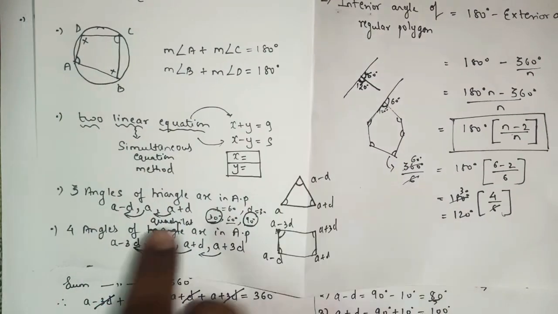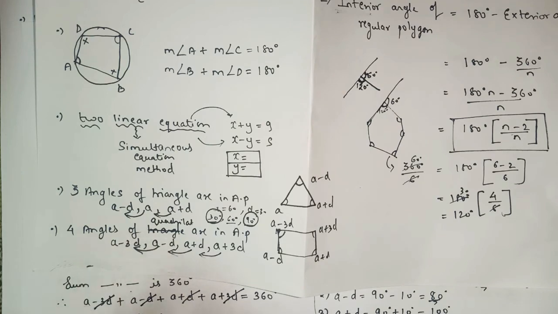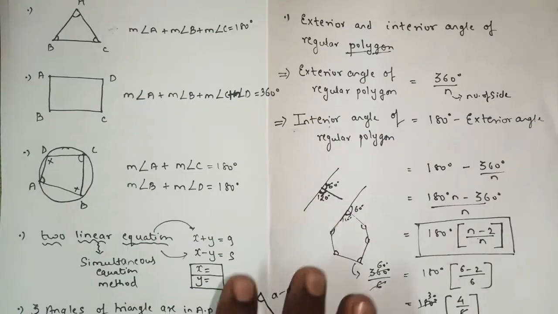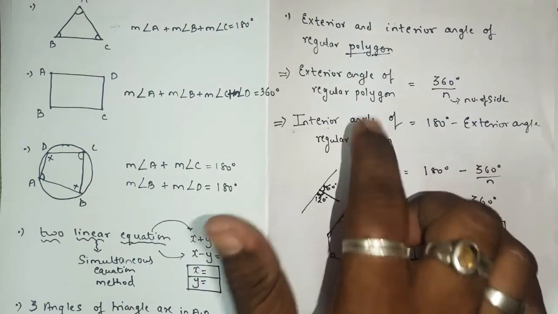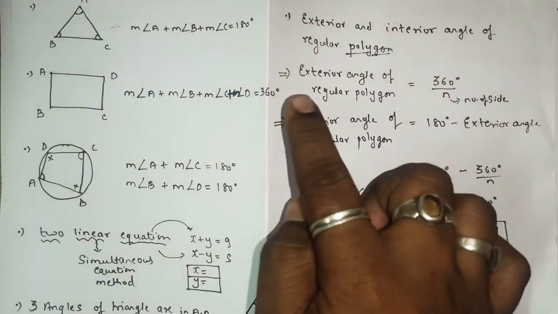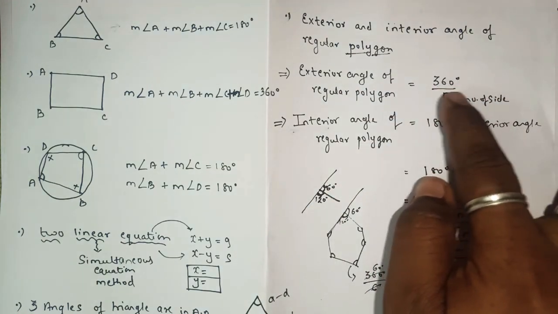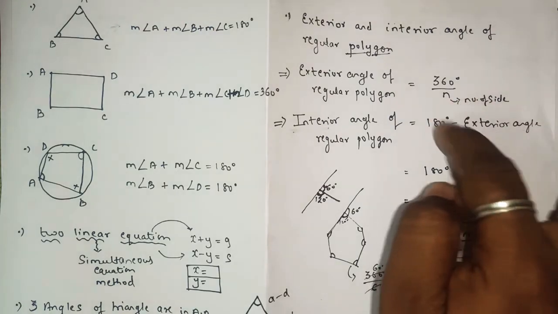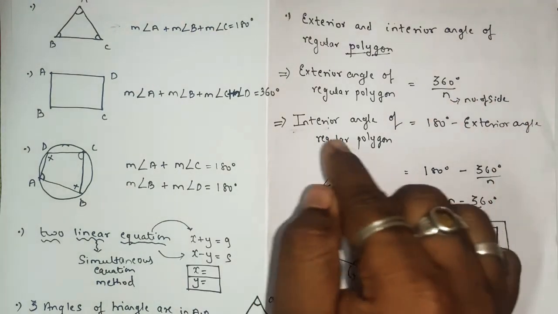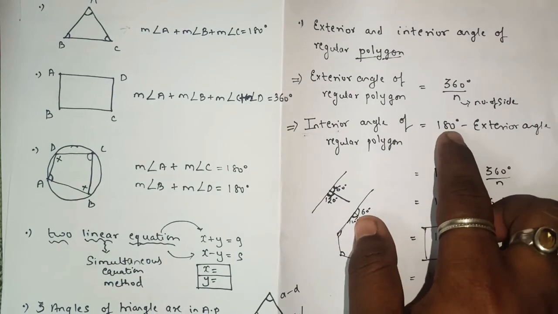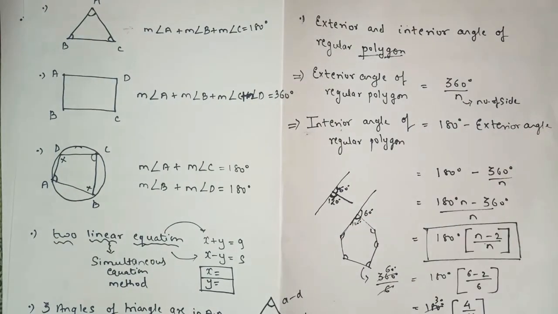For 4 angles we take a minus 3d, a minus d, a plus d and a plus 3d. After that we saw how to find the exterior and the interior angle. To find the exterior angle of any polygon, simply apply the property 360 upon n, where n is the number of sides. And to find the interior angle of any polygon, apply 180 minus the exterior angle, where you will get the answer.